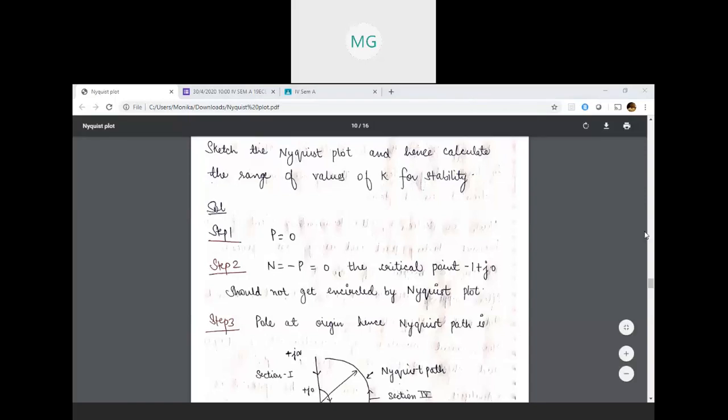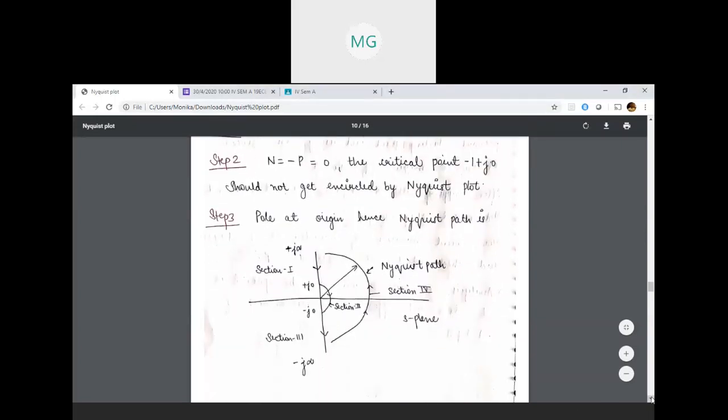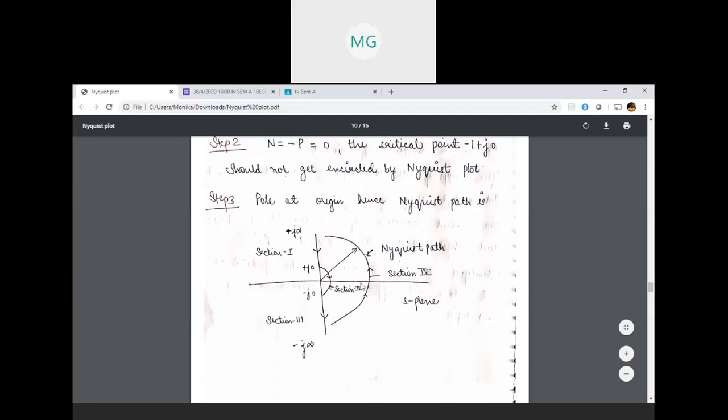Yes. Okay, fine. So now the next step is you have a pole at the origin. I told you whenever you have a pole at the origin or on the imaginary axis, you need to follow this method. You need to draw the Nyquist path.